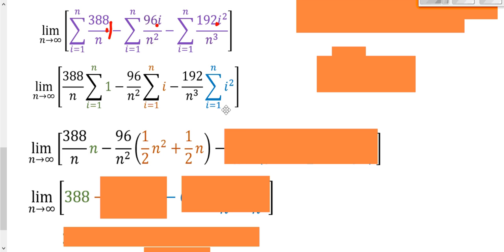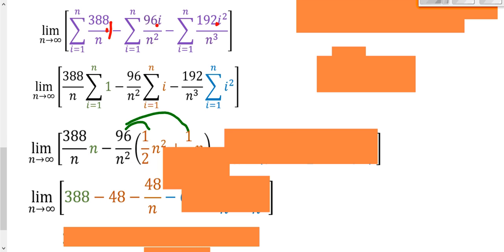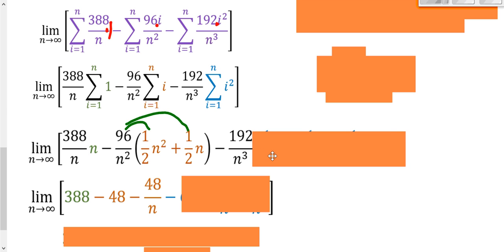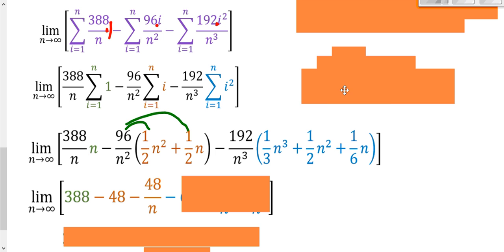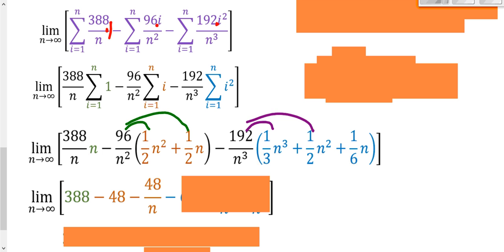If we want now, we could distribute through this, and we would get this here. We also have a 192 over n cubed times the sum of an i squared. Sum of i squared formula we could plug in here. We could then go ahead, distribute that through, and we would get this down here.